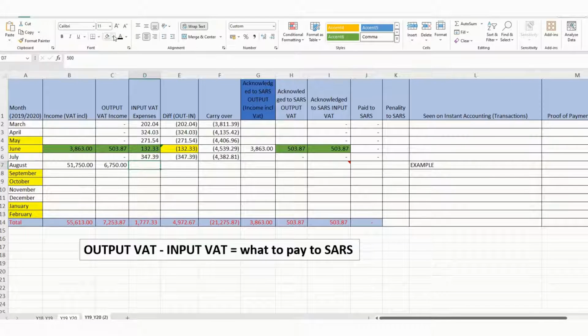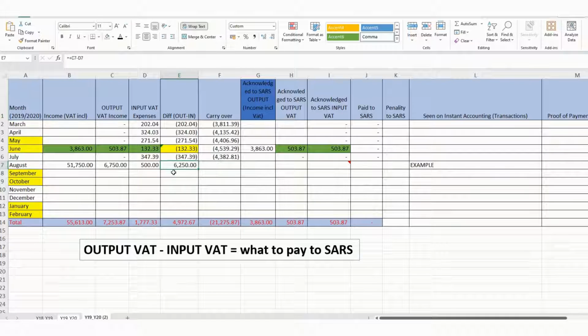And for that month of August, I had an input VAT of 500 Rand, for example. So now the difference of the output VAT and the input VAT is just the difference of 6,750 minus 500 gives me 6,250 Rand.